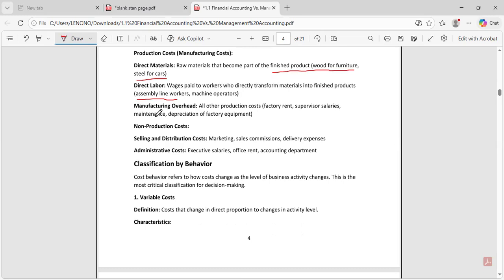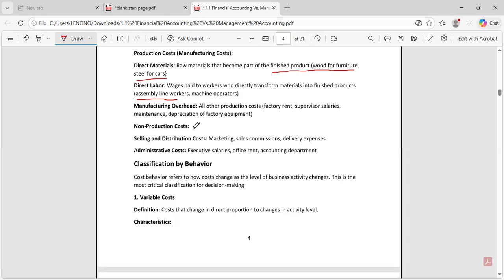We are talking about the factory rent, the supervisor salaries, as well as the maintenance and the depreciation of factory equipment. These represent manufacturing overhead.